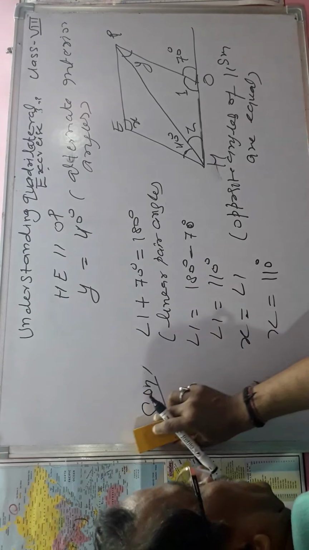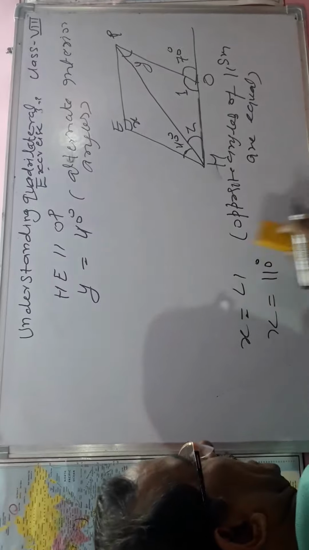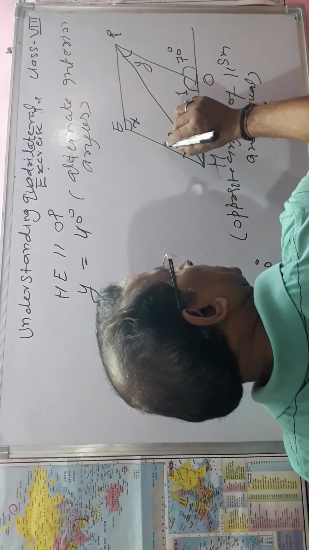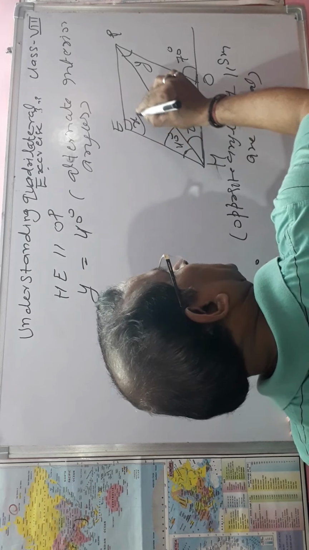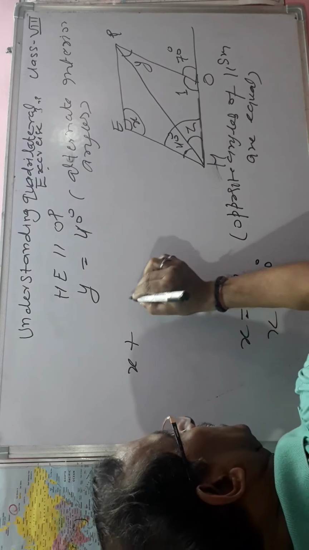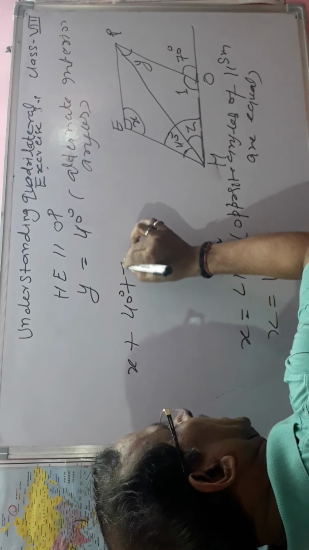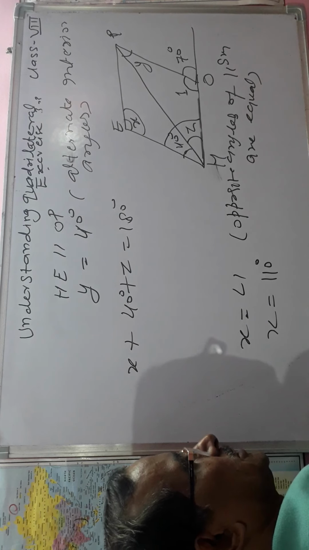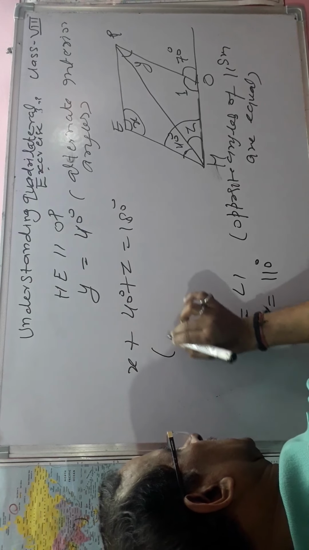Now we will find angle z. Angle x plus 40 plus z, this angle and this angle, both are adjacent angles of a parallelogram. Therefore angle x plus 40 degree plus z is equal to 180 degree. These are adjacent angles.